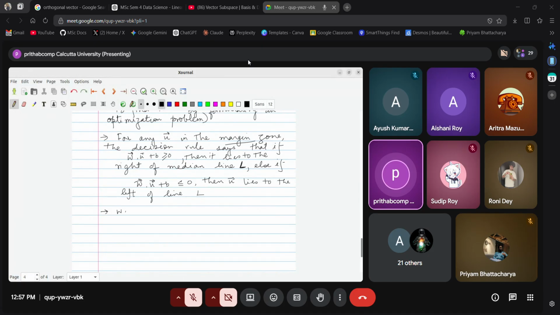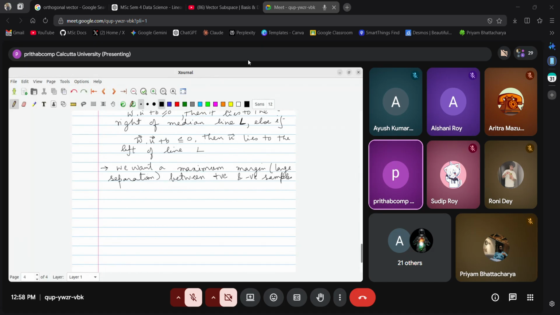So basically what we want is a maximum margin, or large separation, between positive and negative samples. So from here we can write as follows.